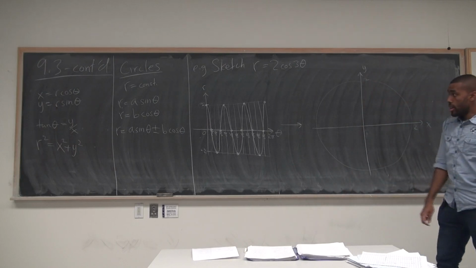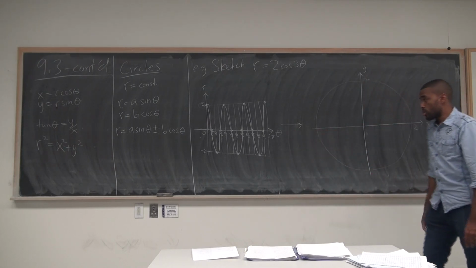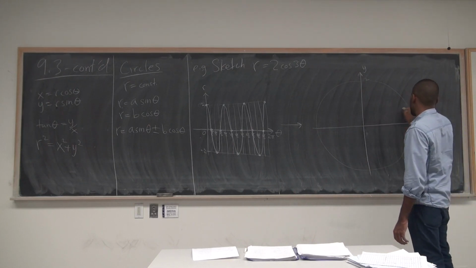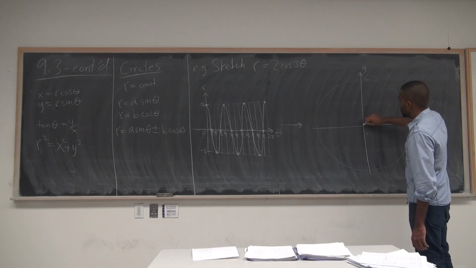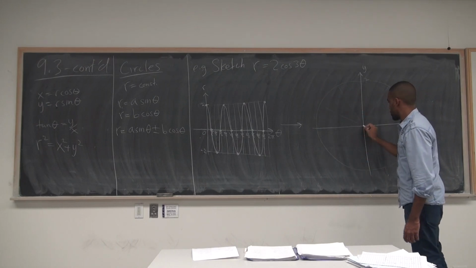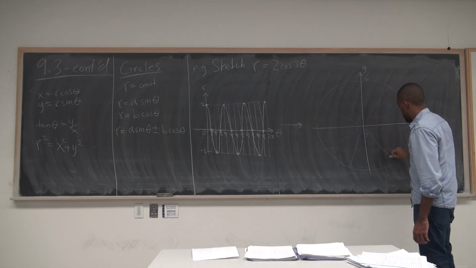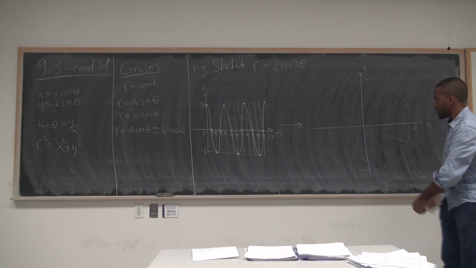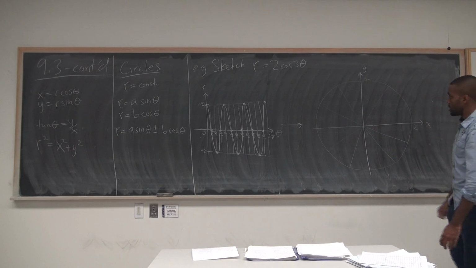Okay. And then I'm going to need all these angles that I just wrote. So my base angle is pi over 6, so I'm going to cut this up into 6 pieces. It's kind of like I'm taking this graph and wrapping it around the xy axis.